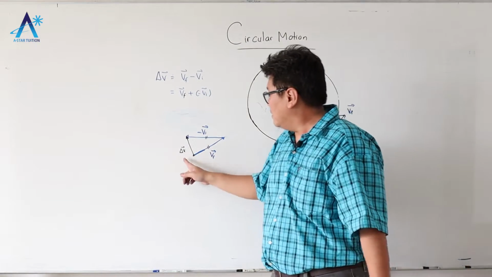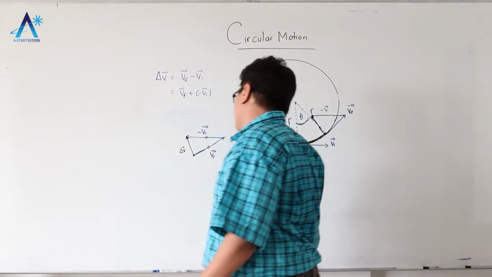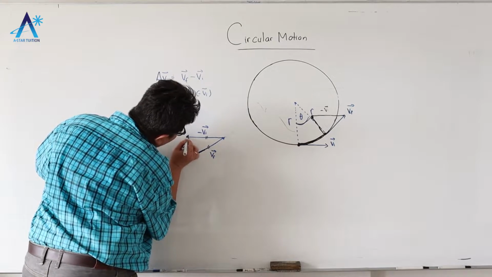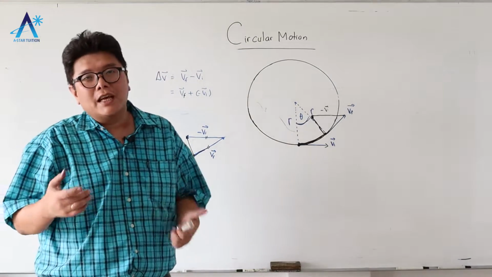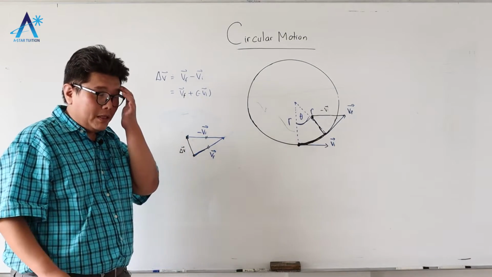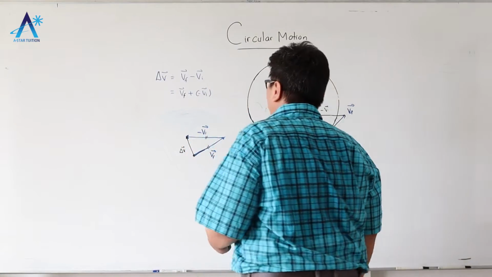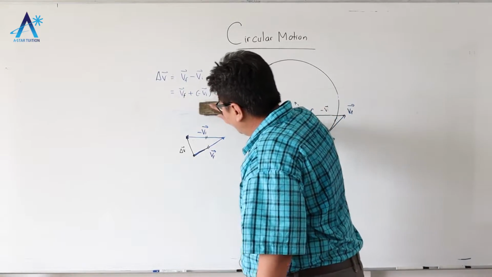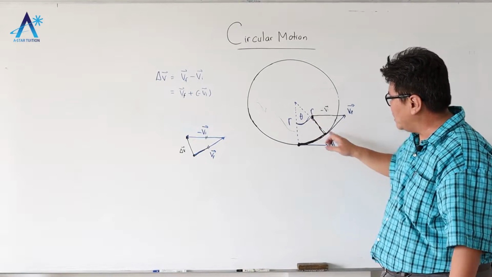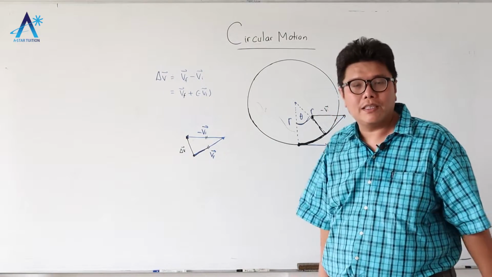This change in velocity, directed towards the center of the circle, is the type of acceleration associated with the change in direction. We call this a normal change in velocity, normal because it's perpendicular to the motion. Look at this, it's perpendicular to the path. And the associated acceleration is called the centripetal acceleration.